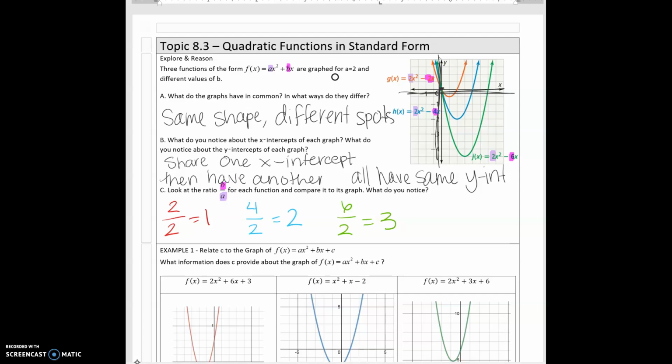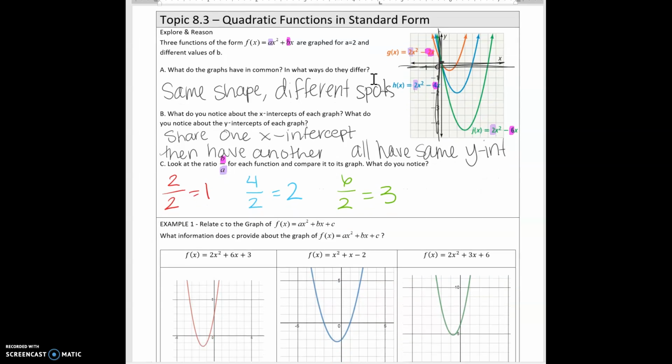And then here they are asking you to take your b value, so this one here, and then put it on top of your a value, so this one there. And the red one got 1, blue got 2, green got 3. So what do you notice? That they're going up by 1.